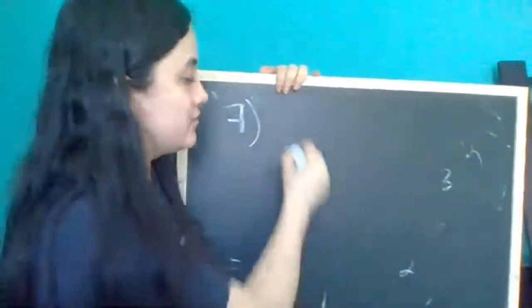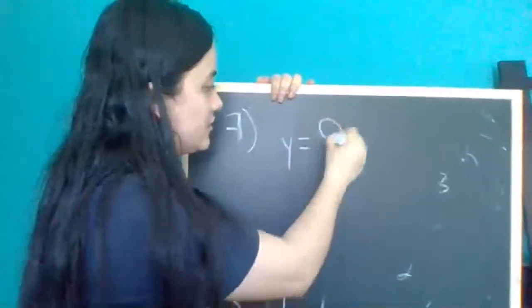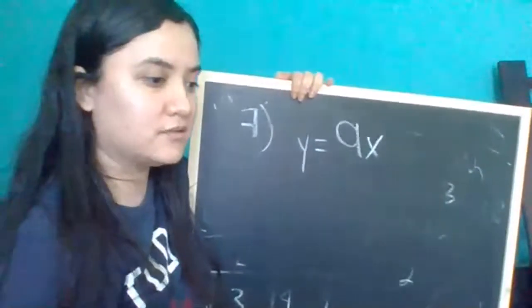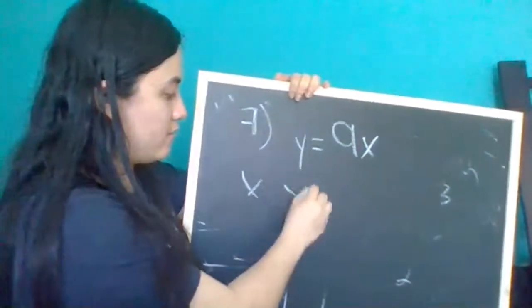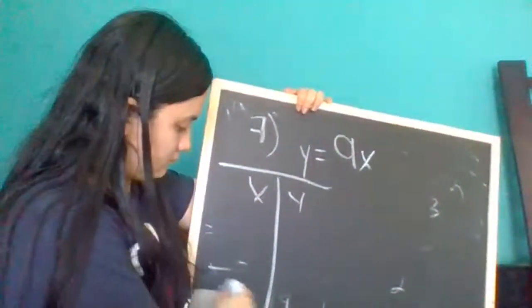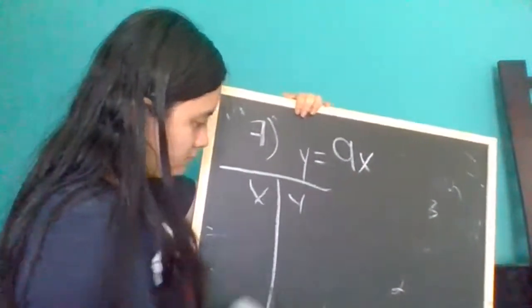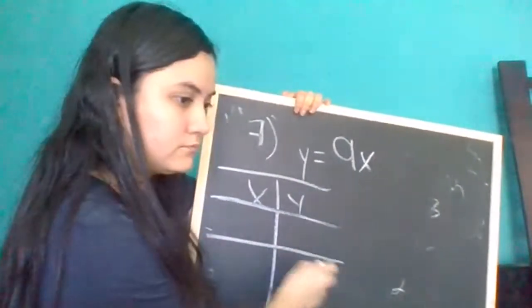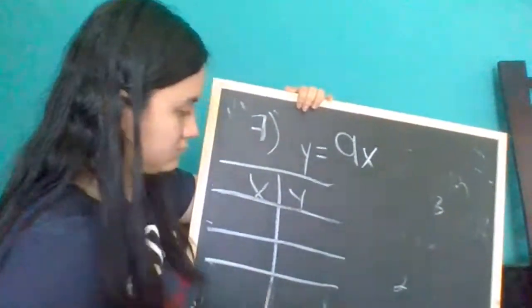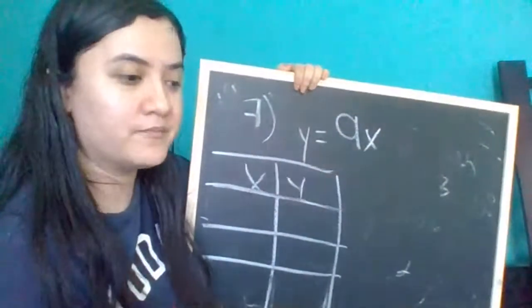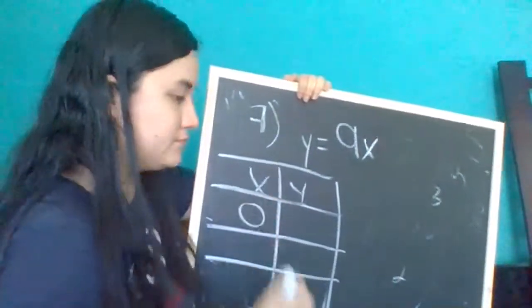Okay, number 7. Number 7 says y equals 9x, right? So let's do it. X and y. Okay, so we have 0.